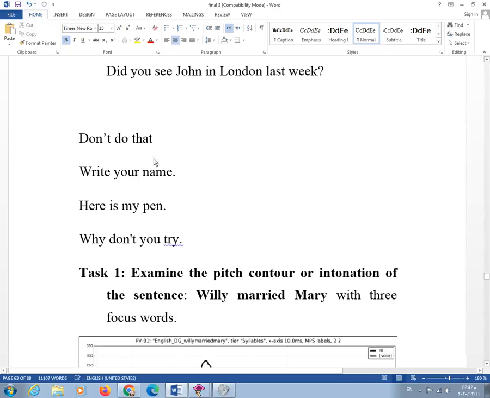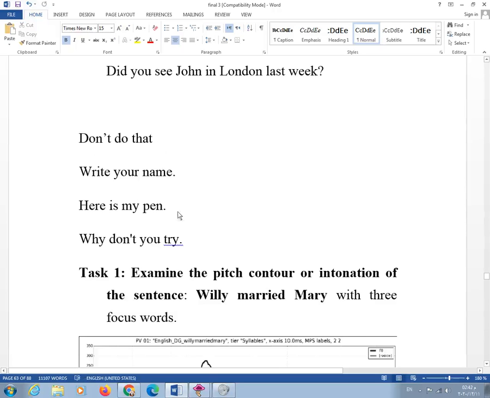And I want to show you how the tonic syllable can shift or move from one word to another. So every sentence will be said 3 times in order to see which word is the tonic syllable each time.